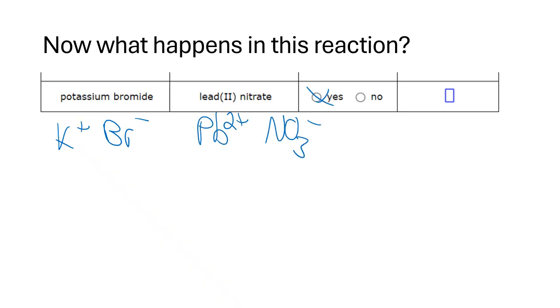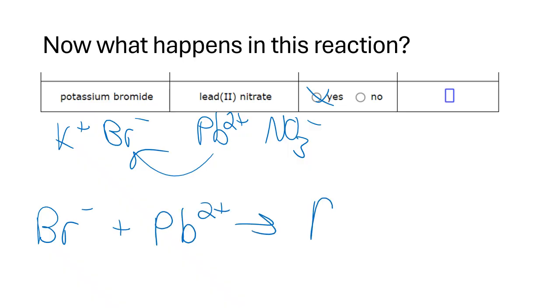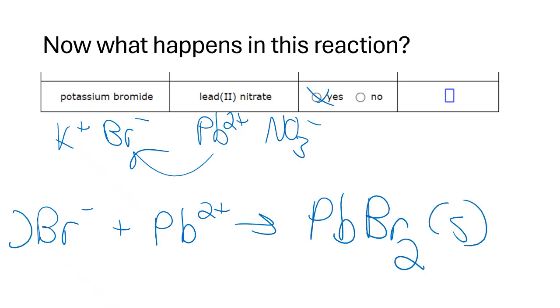I assume it's yes because PbBr2, so it becomes Br minus plus Pb2 plus forms. Cation's always first. I'm going to balance that. That's aq, aq. And if we look at the solubility rules, bromine is generally soluble except with silver, mercury, and lead. So this is what happens in the reaction.